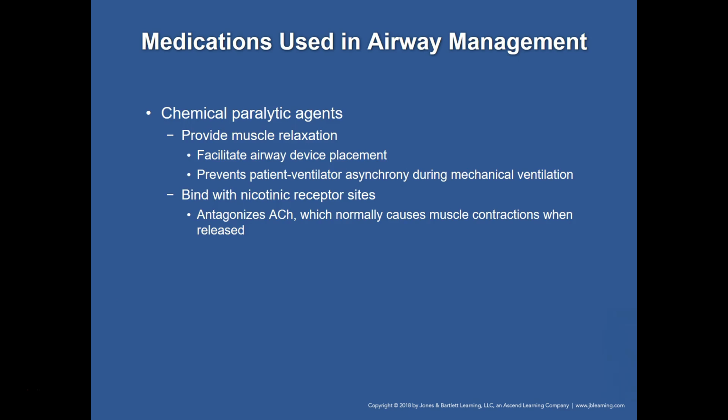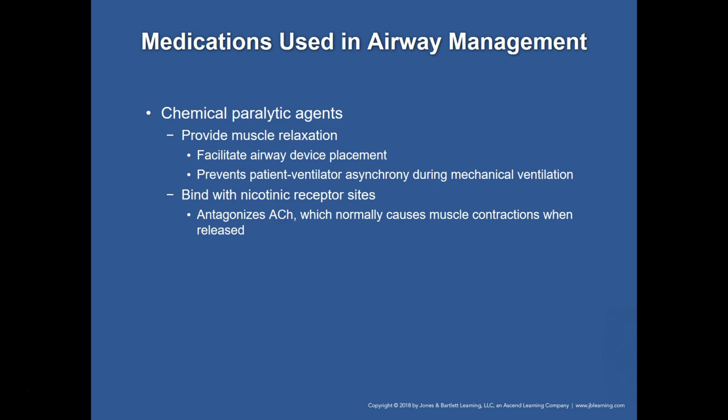There's some other paralytic agents that provide muscle relaxation. Most of these are designed to be used for airway placement. Also helps with patients that are on ventilators to not cause issues with ventilatory issues. These bind with nicotinic receptor sites, and they antagonize the acetylcholine, which normally causes muscle contractions when it's released.